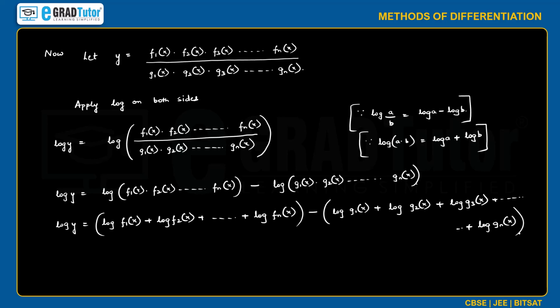Now you can differentiate the left hand side. You get 1 by y into dy by dx is equal to this. We have differentiated this in the previous case.